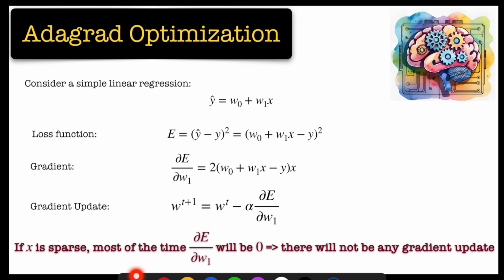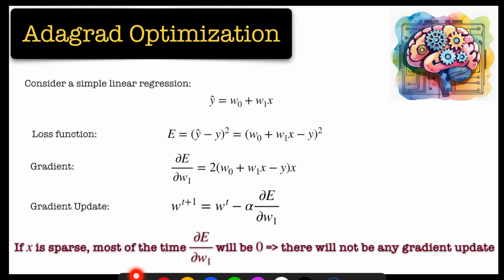The gradient del E del W1 with respect to W1 will be 2 times this term, and then we get x from this term. Similarly we'll calculate del E del W0 also, but I'm just considering del E del W1 here.